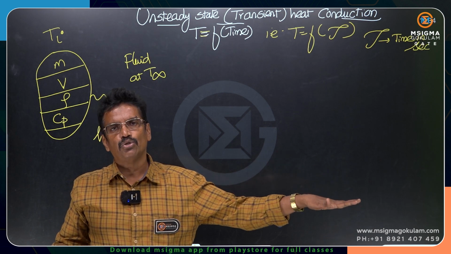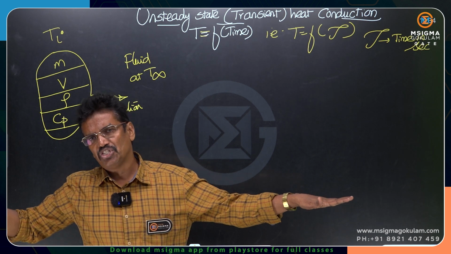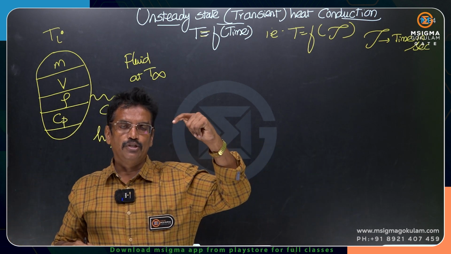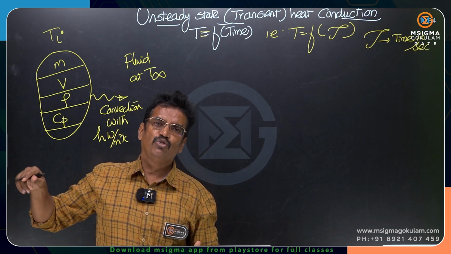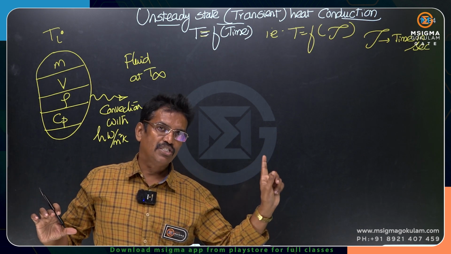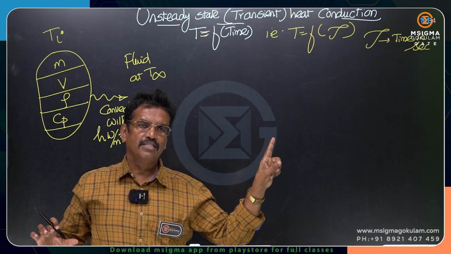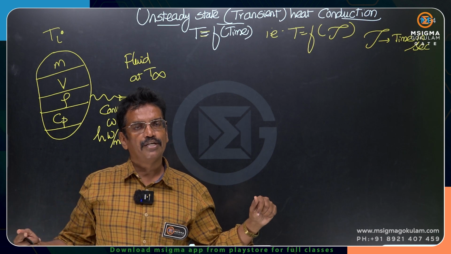When tau is equal to 0 seconds, the temperature of the body at that instant, which is just taken out of the furnace, is Ti. Now, as the stopwatch keeps ticking, the temperature of the body keeps on decreasing.